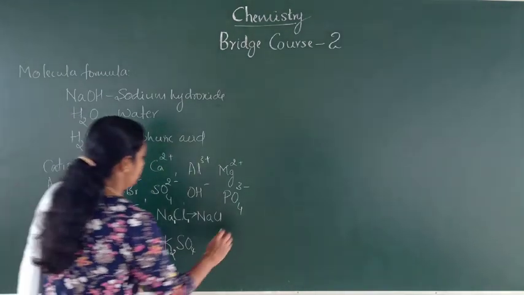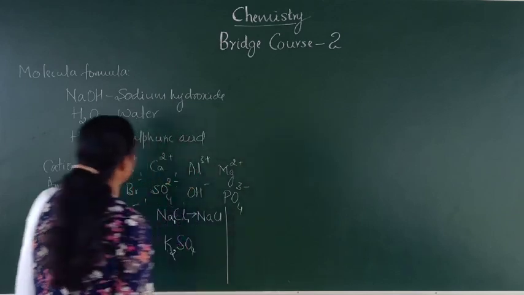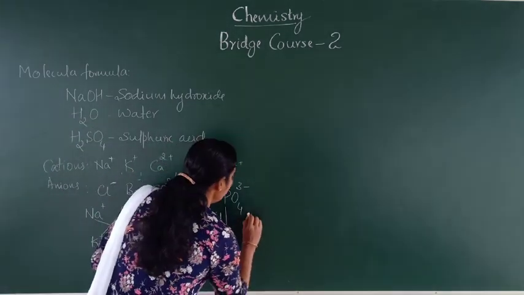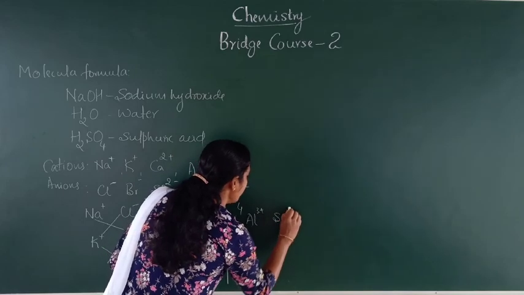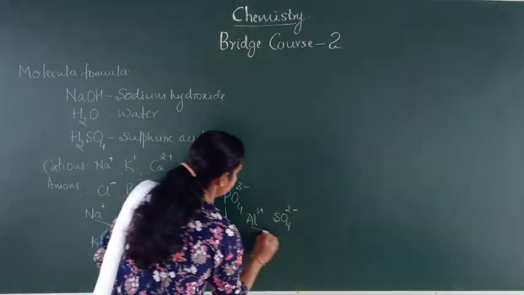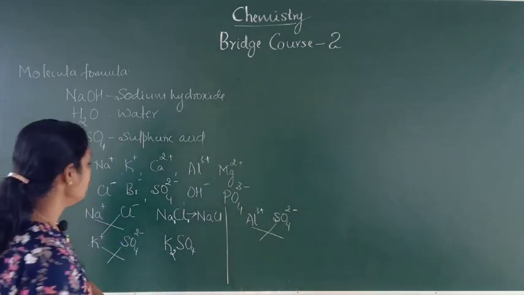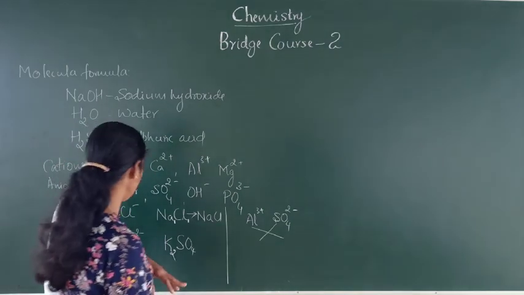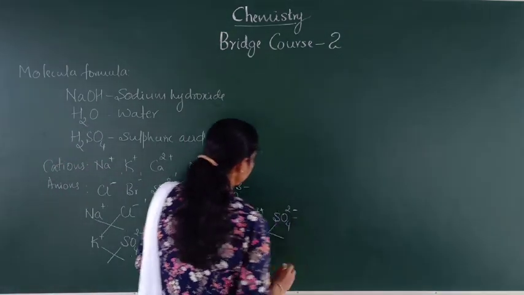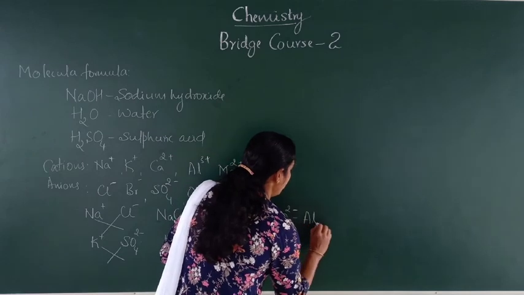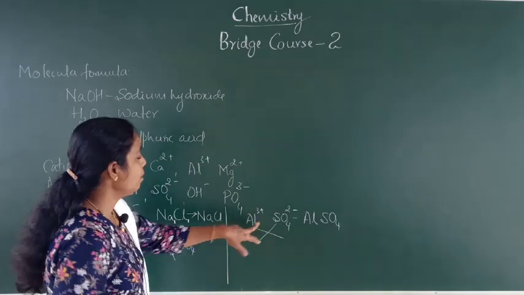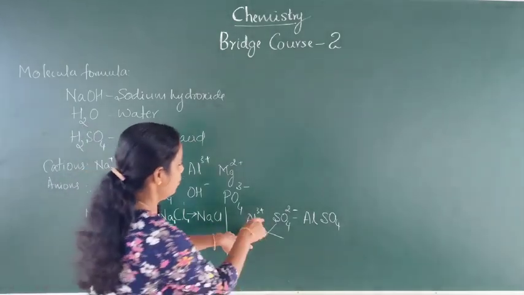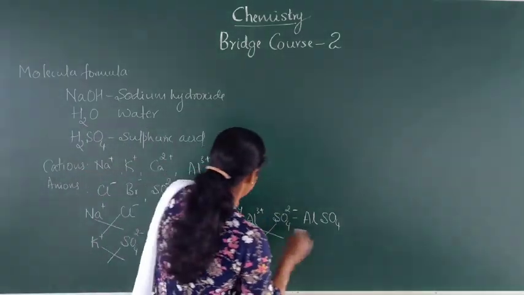Similarly, we will take aluminium ion and sulfate ion. Now we have to write the formula of aluminium sulfate. AlSO4. Now how to write the formula? We have to interchange the charge.